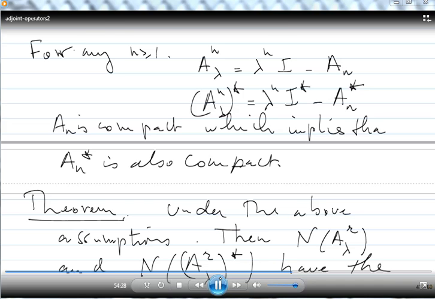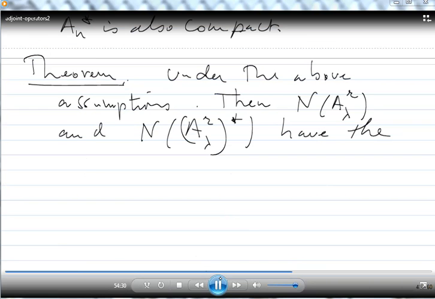Beautiful. They are finite dimensional because A is compact, both of them, because A star is also compact, but in fact, they have the same dimension. So it gives us more information on these operators A lambda.